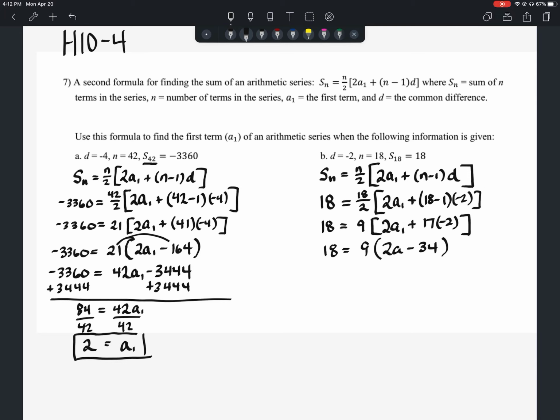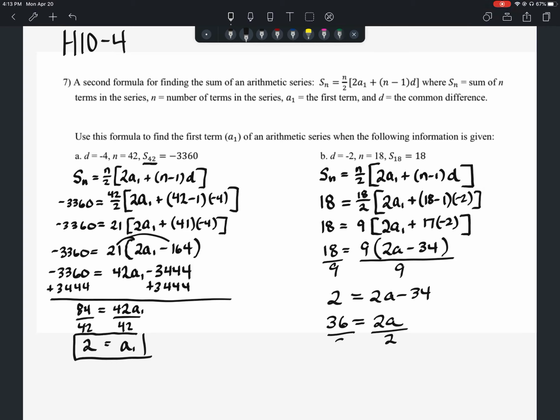So, instead of distributing my 9 through, because I could figure out what 9 times 34 is, I could also do it this way and say, all right, well, I need to divide both sides by 9 to get rid of the 9. That was easy, right? Because 9 goes into 18 twice, and now I have 2a minus 34 left. Add our 34 to each side, so we now have 36 is equal to 2 times a.